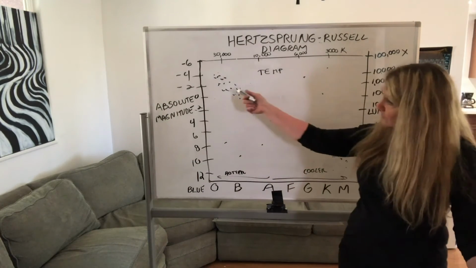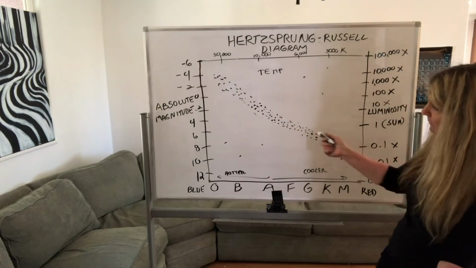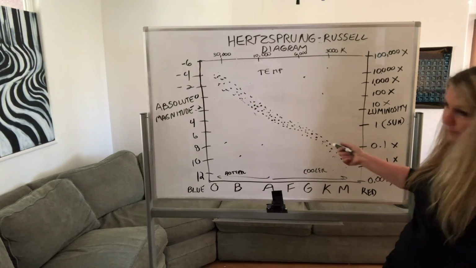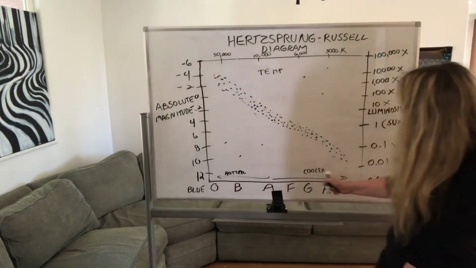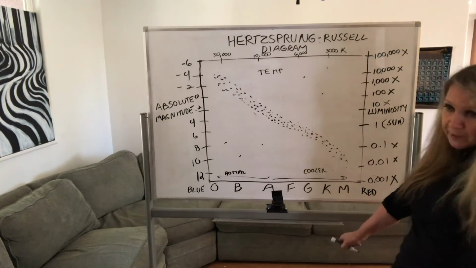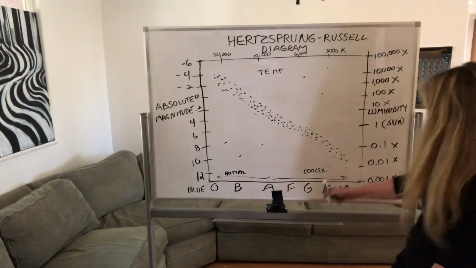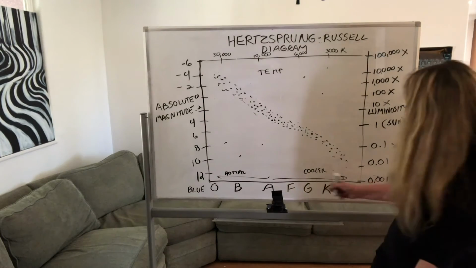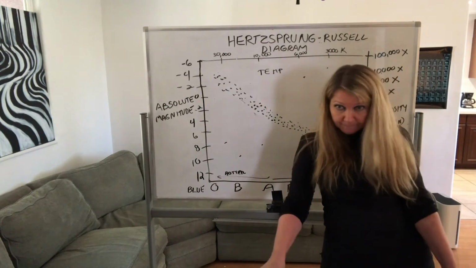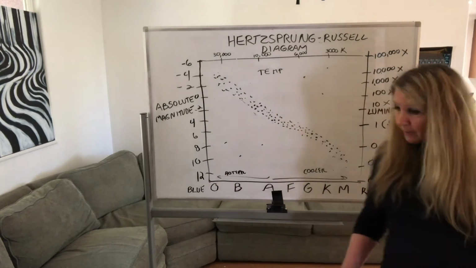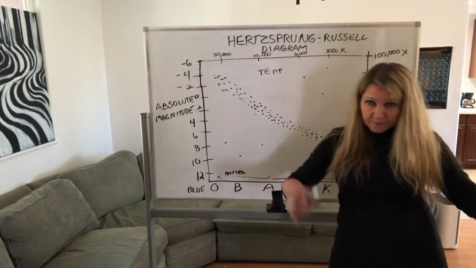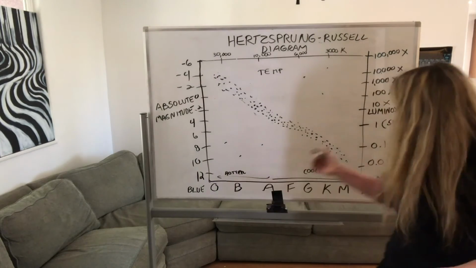So you can see how close, if I plotted the stars, this is what 95% would be along the line. So really that indicates as you get cooler, the temperature decreases, obviously. And it also is less bright. So the cooler stars, 95% of them are less bright, they're dimmer, less luminous, and they're cooler.